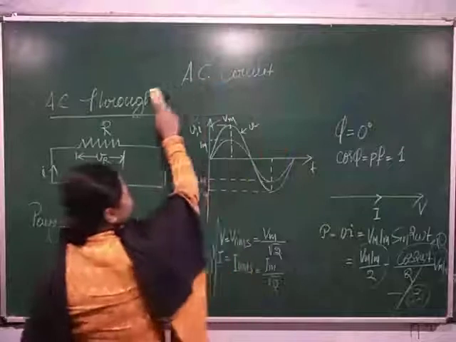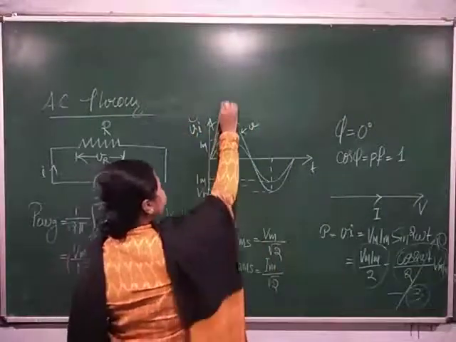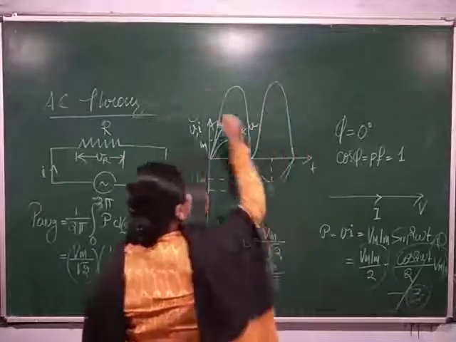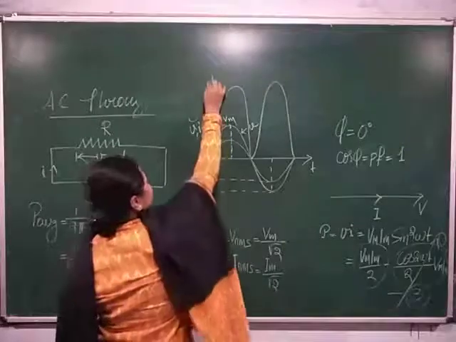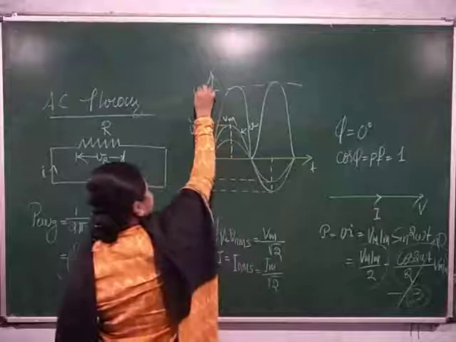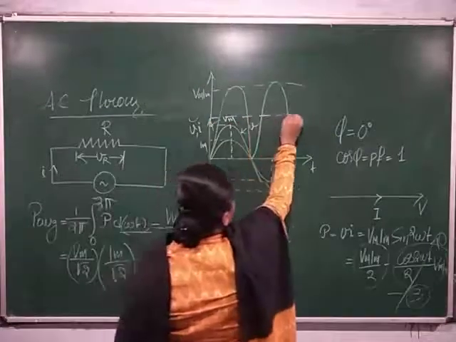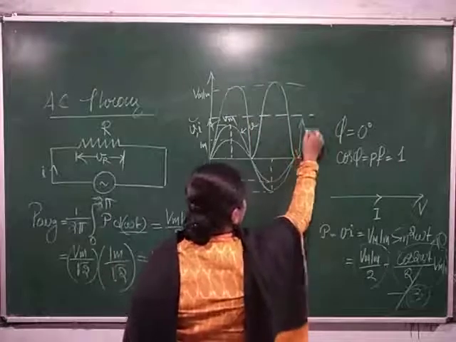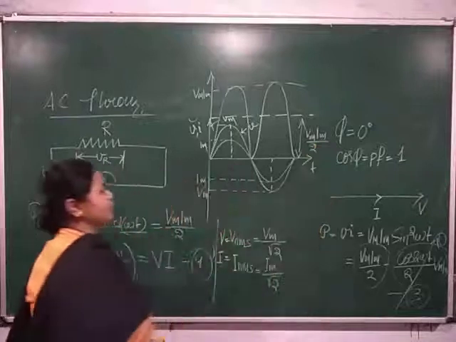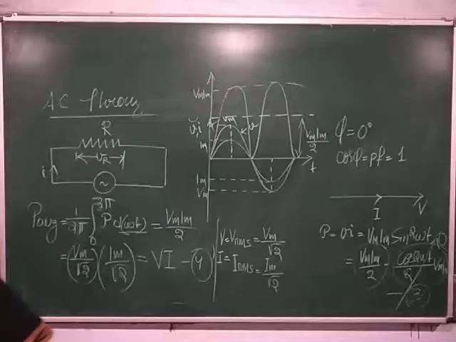So the power waveform is always in the positive half cycle. This is the maximum value, Vm Im, and the average is this one, Vm Im by 2. Clear?